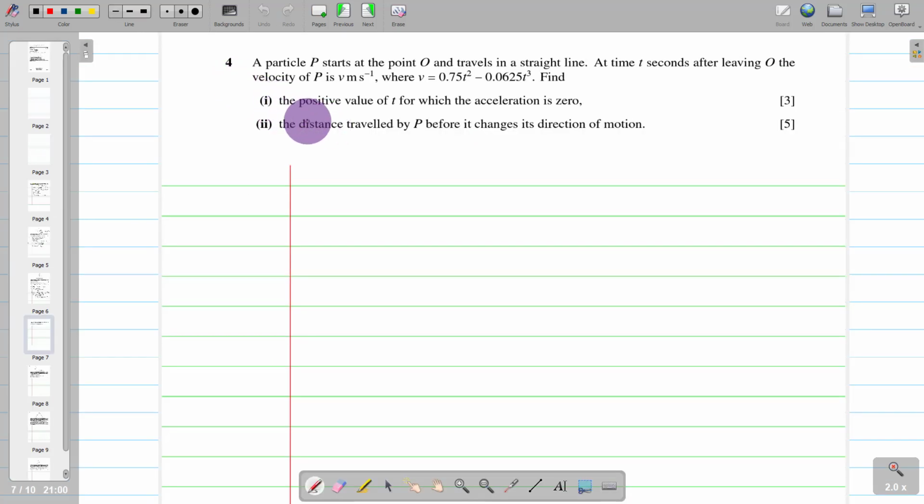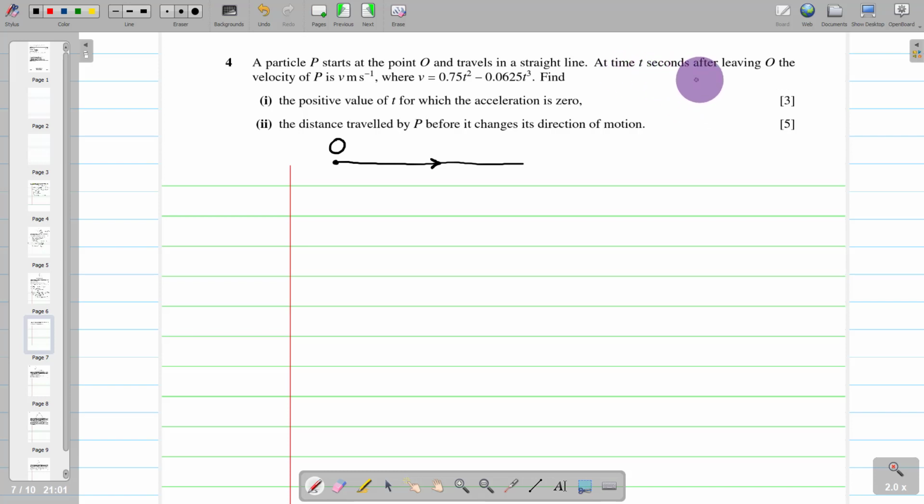So here we are at question 4, where we are told that a particle P starts at the point O and travels in a straight line. So if we can show this kind of motion, it starts from point O, and we can say that it travels in this straight line like this. That is the direction in which it is traveling.